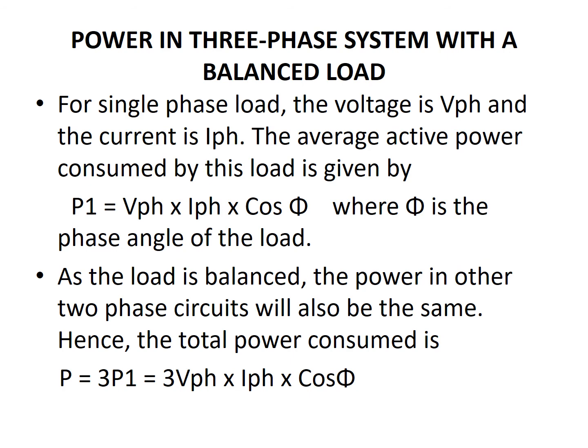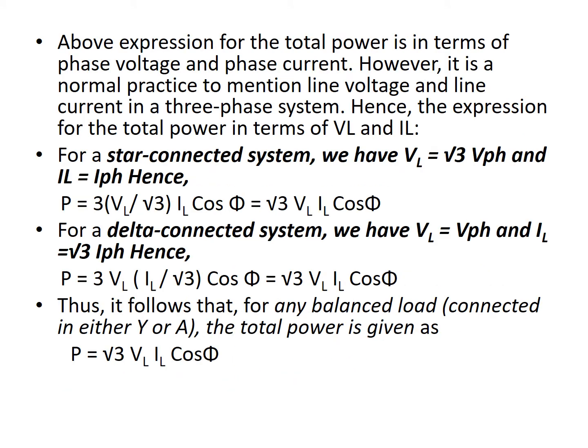But in the three-phase circuit, if you consider the three sets of windings, it is 3 times VPH IPH cos phi. For a star connected load, what is the relationship between VPH and VL? VPH is equal to VL by root 3 and IL is equal to IPH. If you substitute in the power equation, you get root 3 VL IL cos phi.